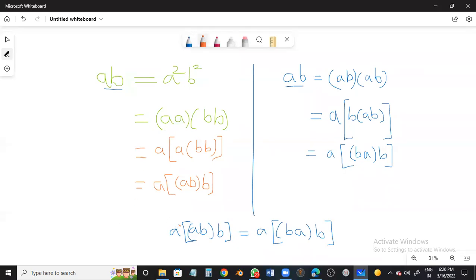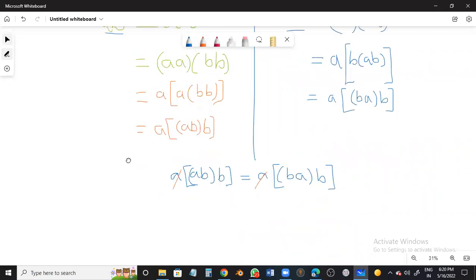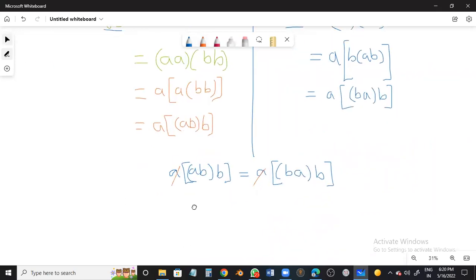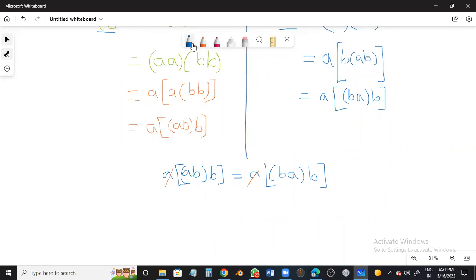I have got A, so the left cancellation law helps me in cancelling it. Now I'm just left with (AB) into B, and on this side I have BA into B. Followed?